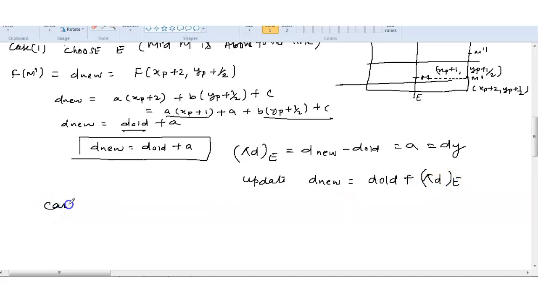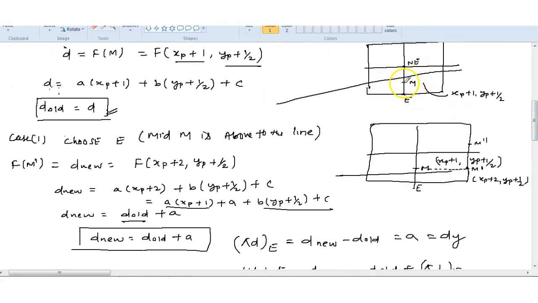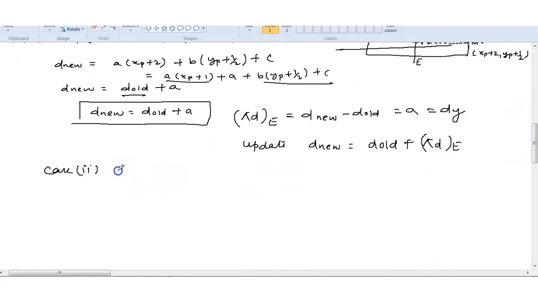For case 2, when m is below the straight line, that time we choose the northeast corner. The northeast corner is this. So choose the northeast corner.